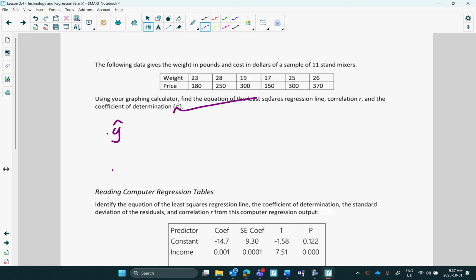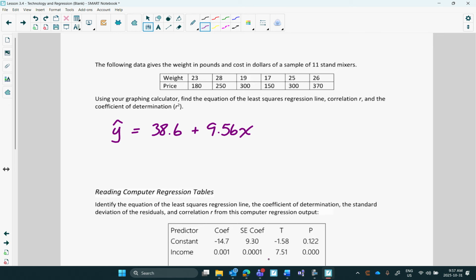These are the actual prices, but when we make the equation, we're making a predicted price. So y hat equals a, which is 38.6 or 38.56, doesn't matter, plus 9.6 or 9.56. Again, doesn't really matter.